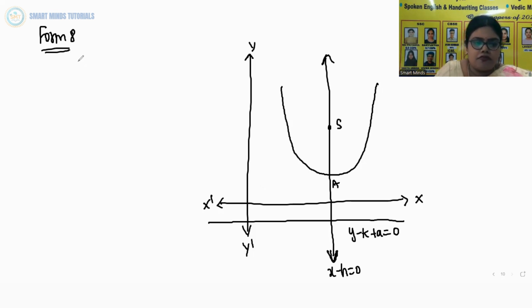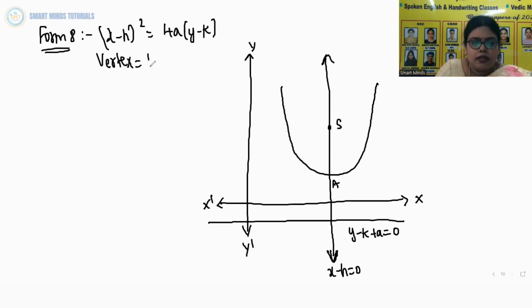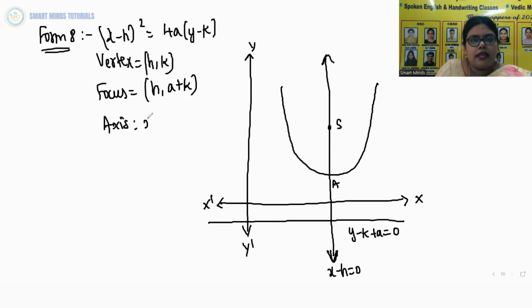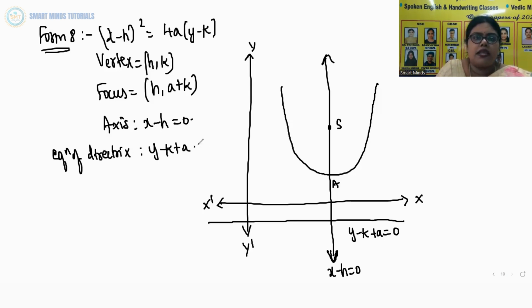Now this is form 8, an upward parabola where the vertex is h comma k. The form is x minus h whole square is equal to 4a into y minus k. The vertex is h comma k, the focus is h comma a plus k, the axis is x minus h is equal to 0, and the equation of the directrix is y minus k plus a is equal to 0.